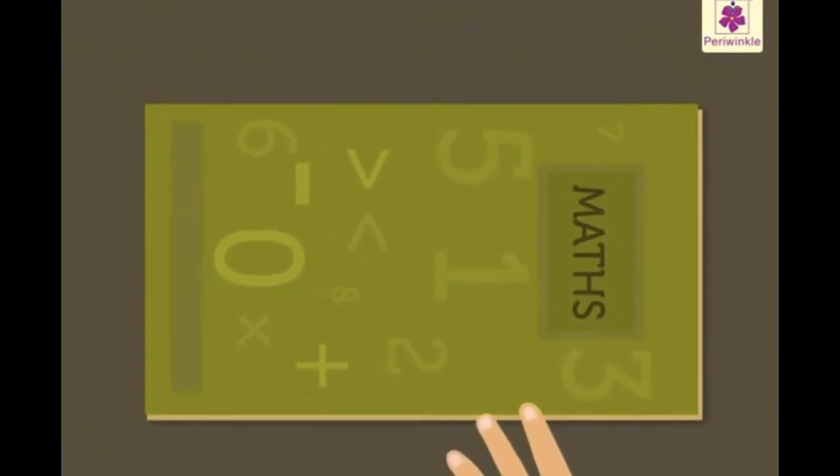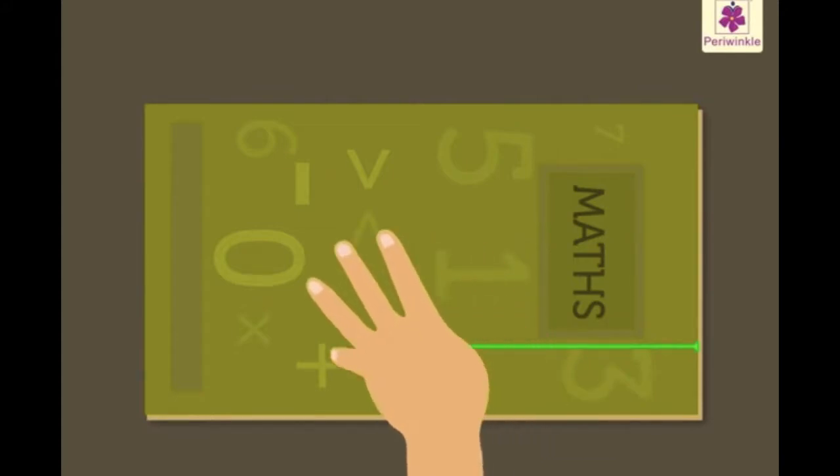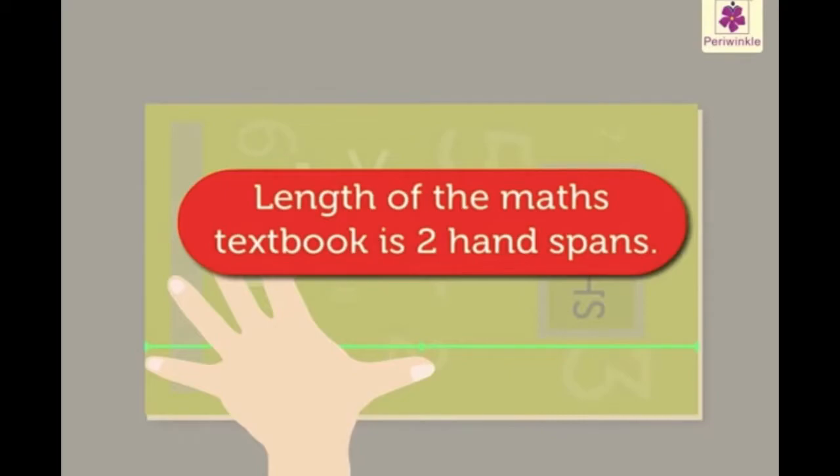Lisa is measuring her maths textbook with the help of hand span. Let's measure 1, 2. So, the length of her maths textbook is 2 hand spans.